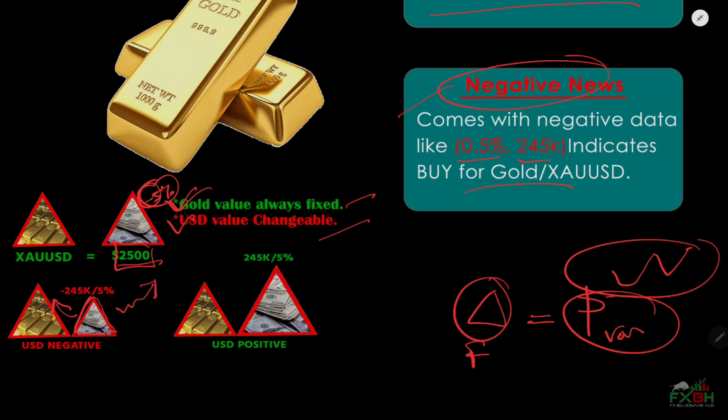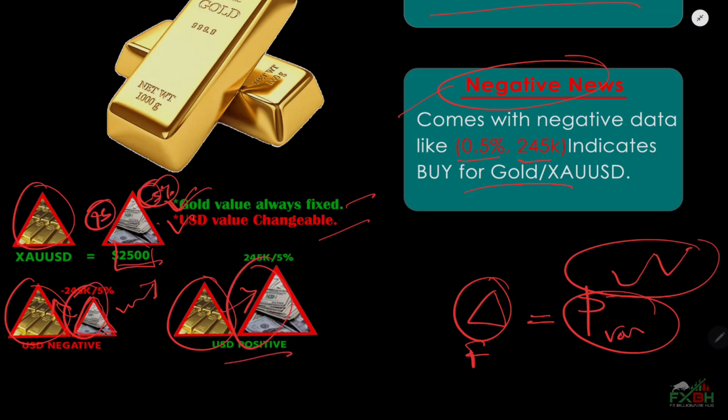Same scenario for positive news: if we add plus 5% on that triangle, it is 5% bigger than the previous one, so the gold triangle is smaller than the USD triangle. The gold triangle stays the same, and the USD value gets smaller and bigger. In that case, for positive value we will sell gold. Hopefully you understand this.